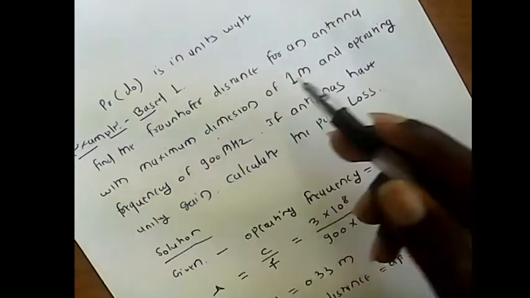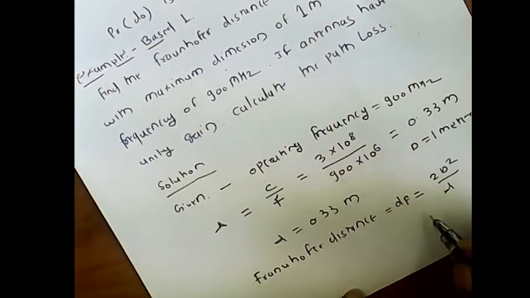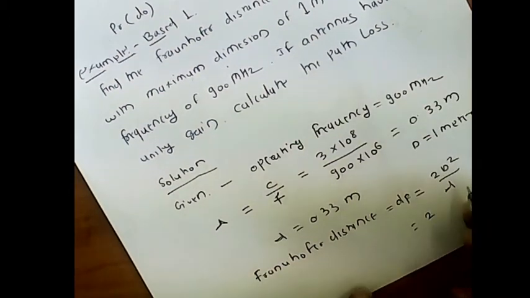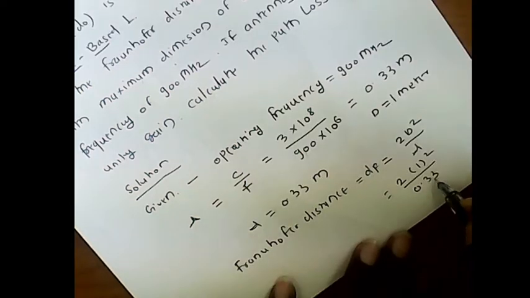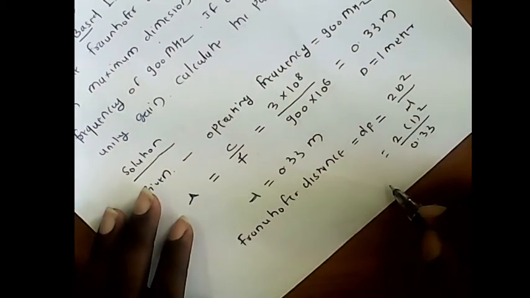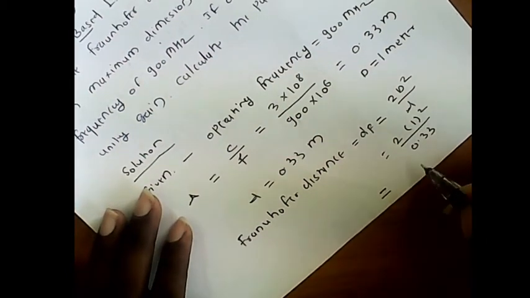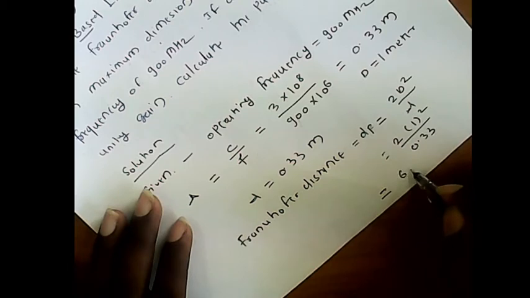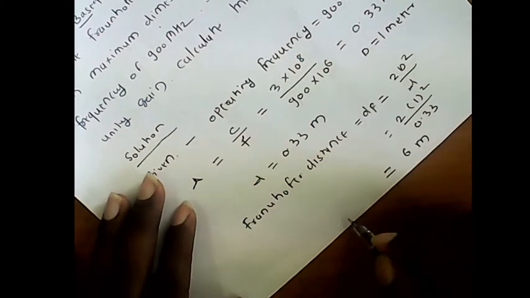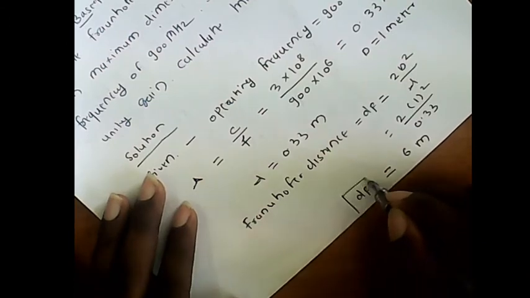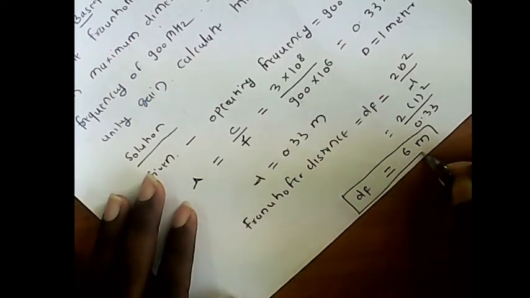So we write 2 × 1² divided by 0.33, which comes out to about 6 meters. So d_f, the Fraunhofer distance, is 6 meters. This is the first one.